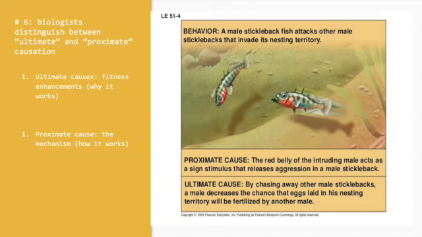That's the proximate mechanism, red, attack. The whole behavioral repertoire evolved because by chasing away other male sticklebacks, a male decreases its chances of being cuckolded by another male. And so that's the reason that you see this behavioral feature within this lineage.